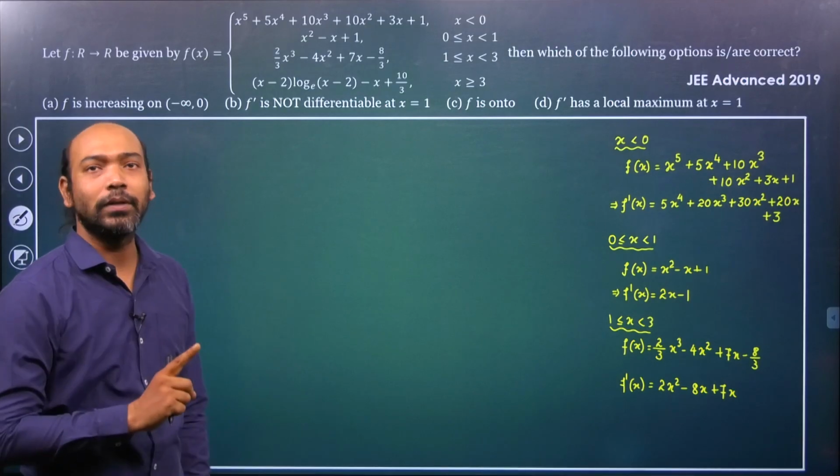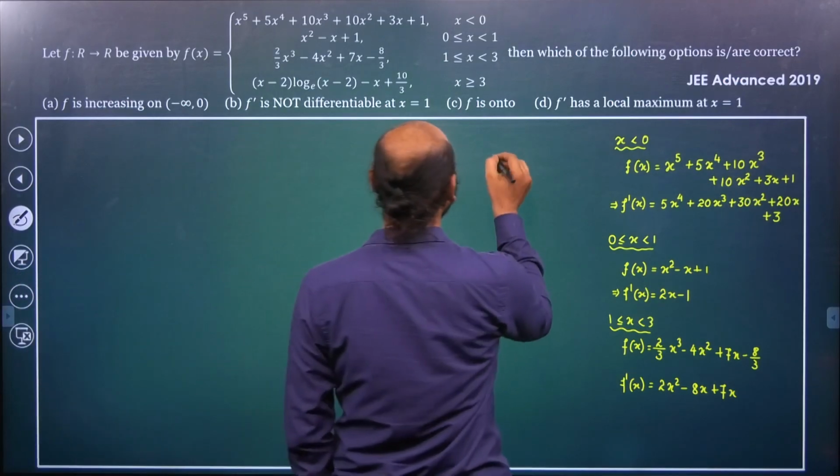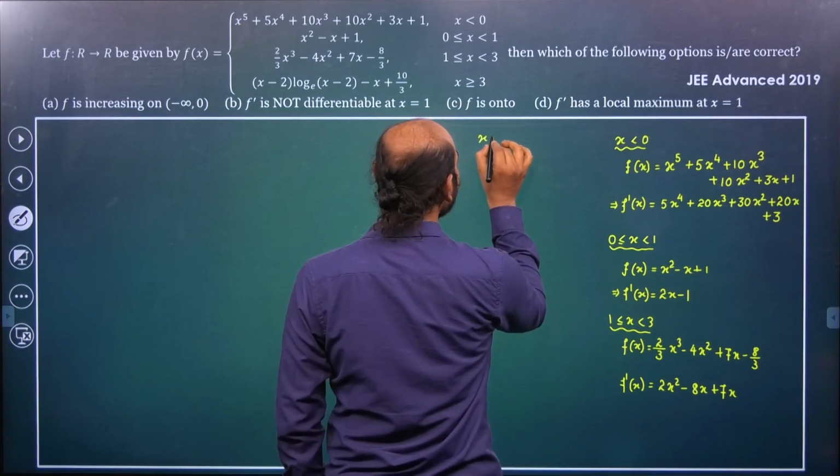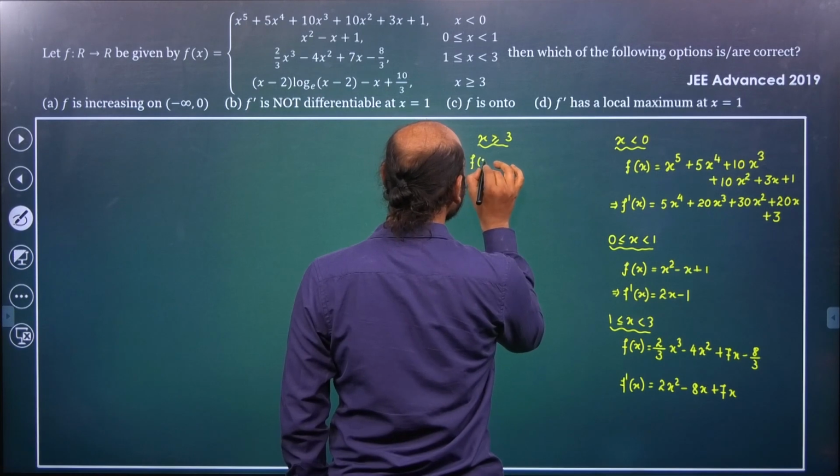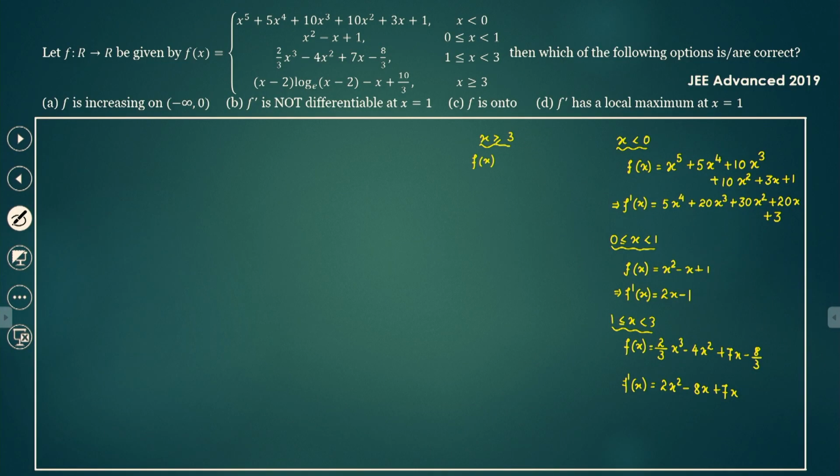Now only one part is left, that's x greater than or equal to 3. So let's consider that as well, x greater than or equal to 3. And then my function f x is defined as x minus 2 times ln of x minus 2, then minus x and some other constant, 10 by 3.